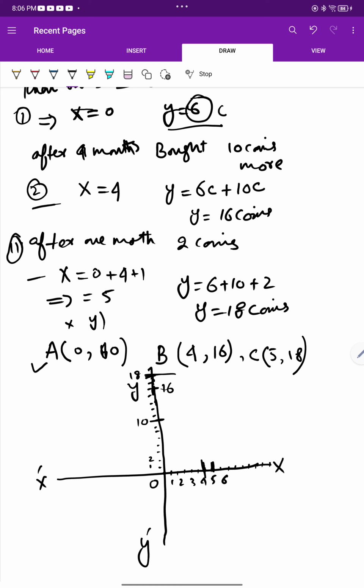Then let's say this one. So how are you going to draw it? This is 10, and this is 18, and this is 0. Sorry, this one, not this one.